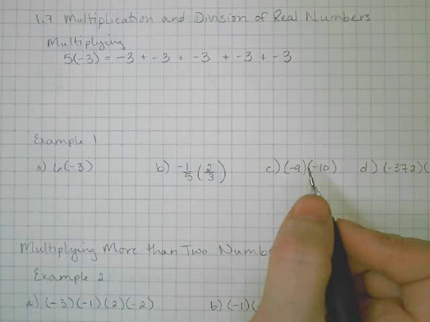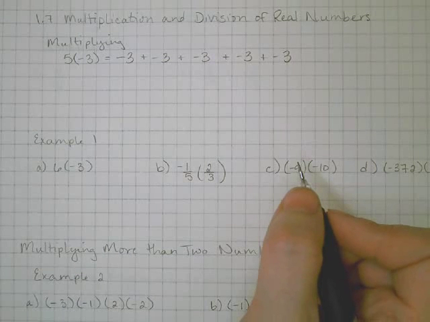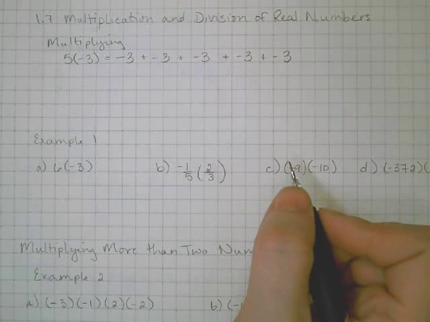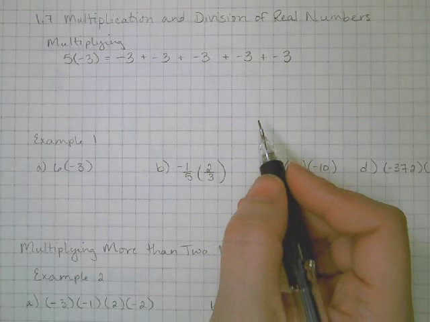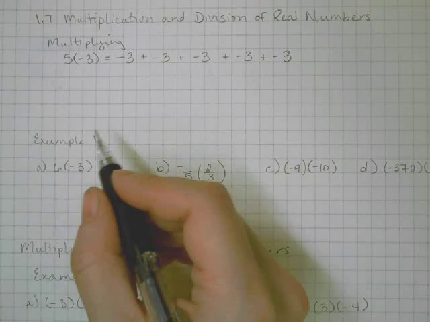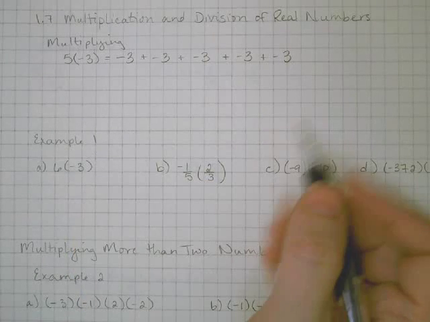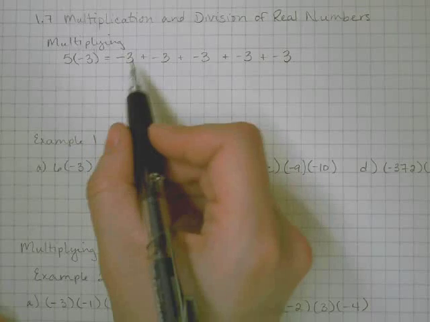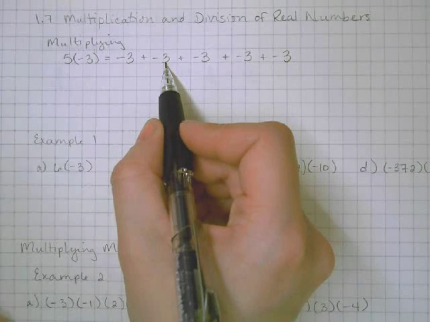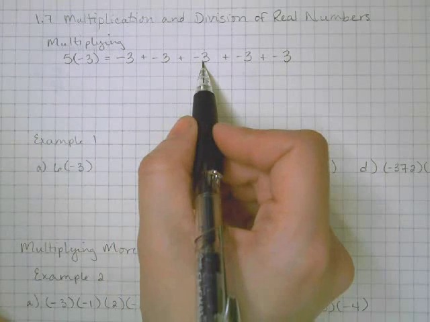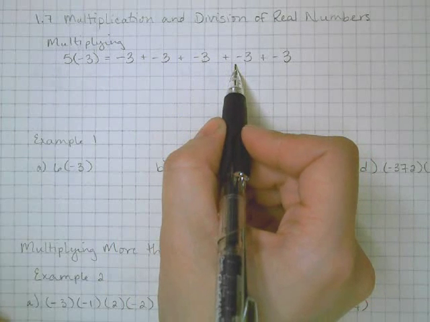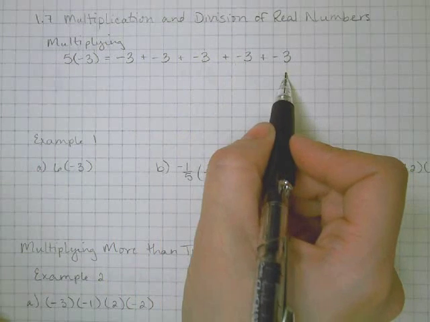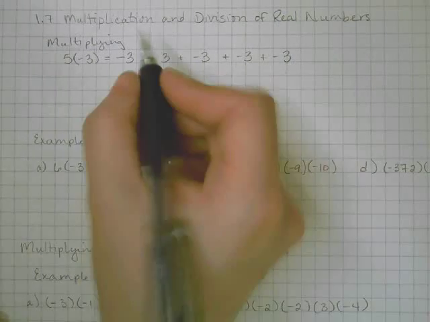If I am adding negatives, what I know from section 1.5 is that my answer is going to be negative, because if I continue to add a negative, I'm going to go to the left of 0. That's negative 3 plus negative 3, which is negative 6, plus negative 3, which is negative 9, plus negative 3, which is negative 12, plus negative 3, which is negative 15.